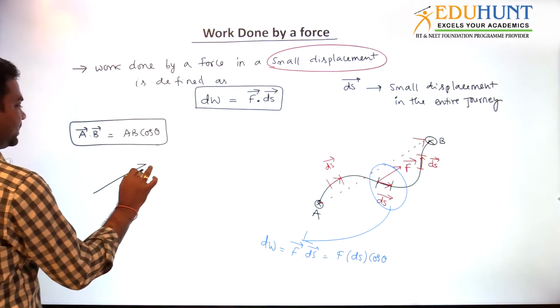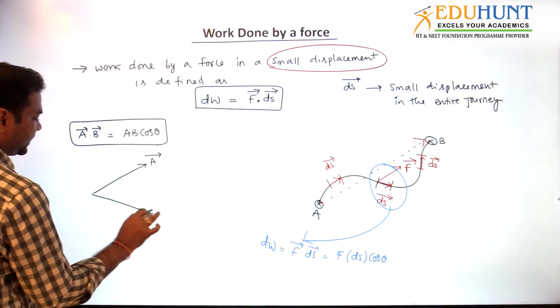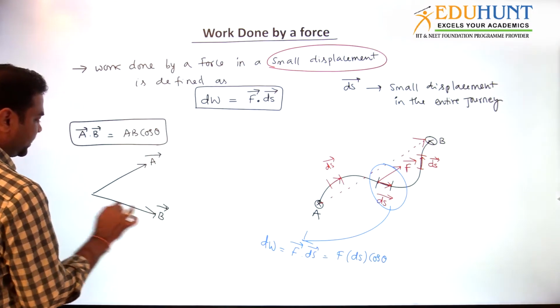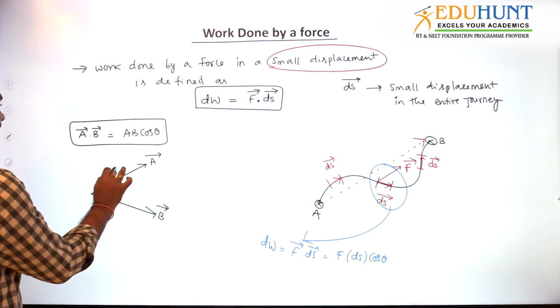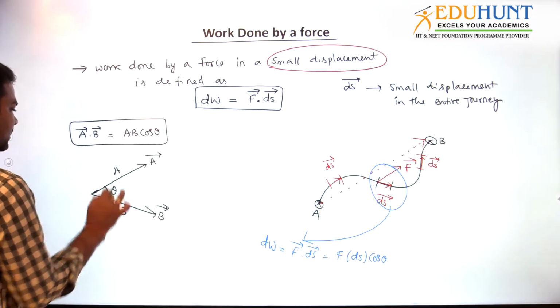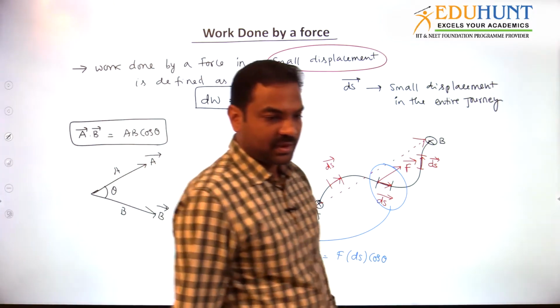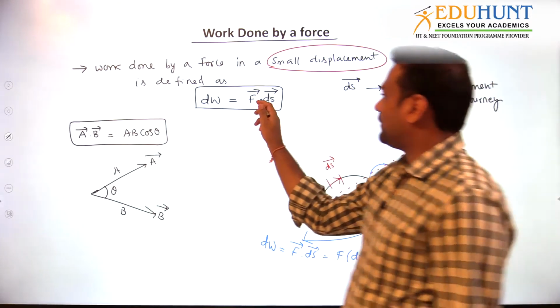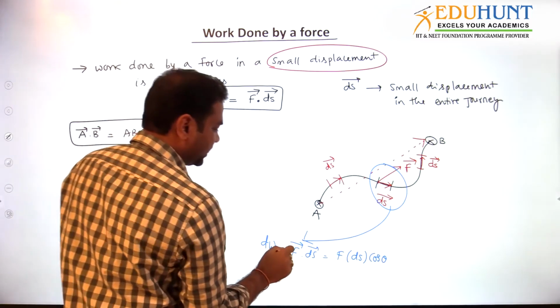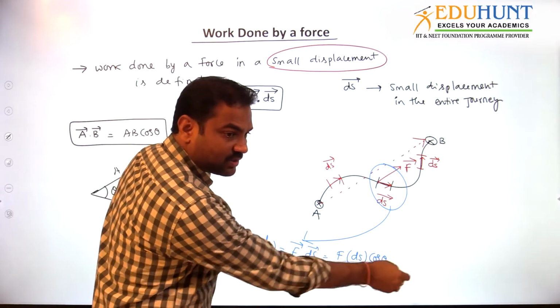A bar is one vector in one direction, B bar is another vector in another direction, and the angle between A bar and B bar is theta. Then the magnitude of A bar is A, the magnitude of B bar is B, and A bar dot B bar can be written as AB cos theta. That is the dot product. I am using the dot product here: F bar dot ds bar is F ds cos theta.